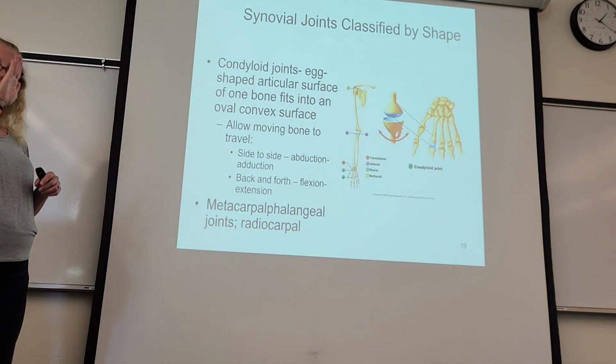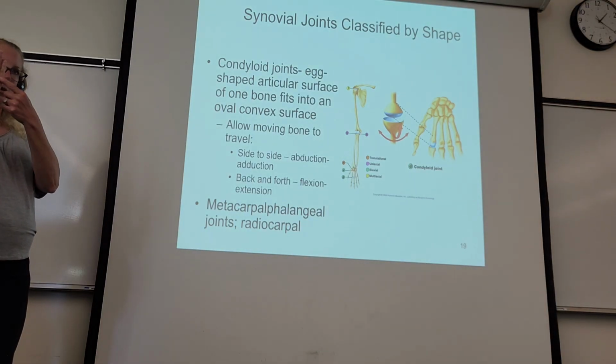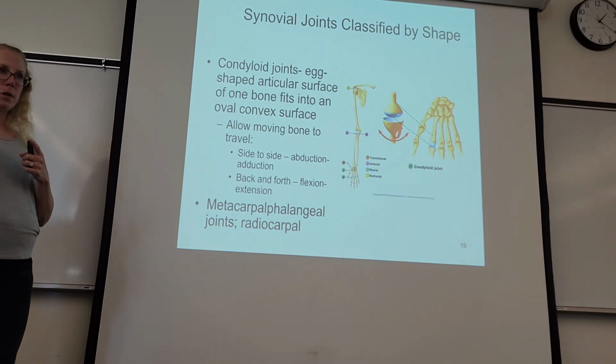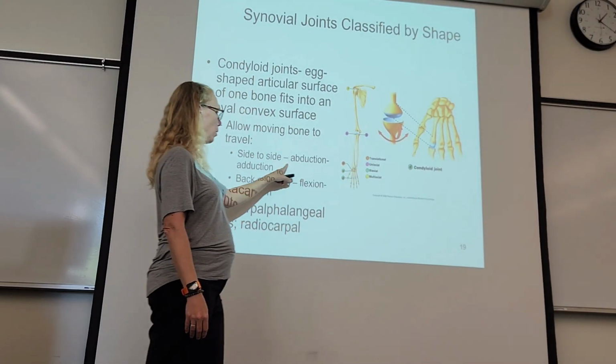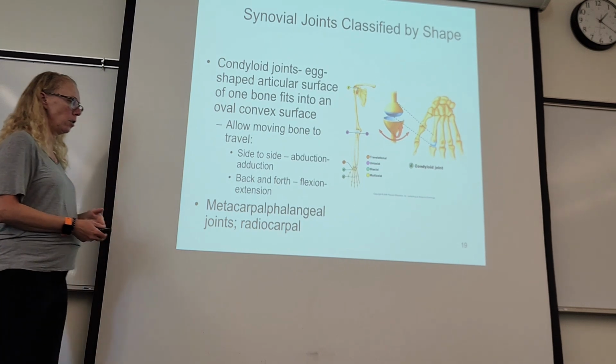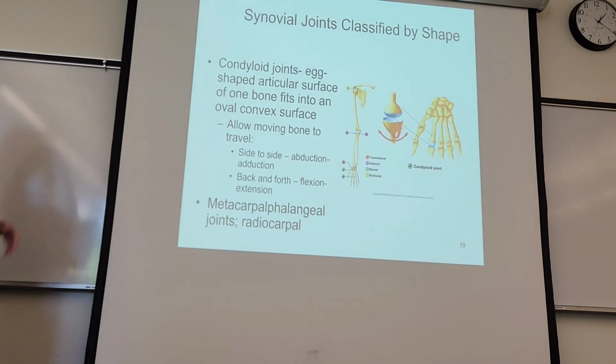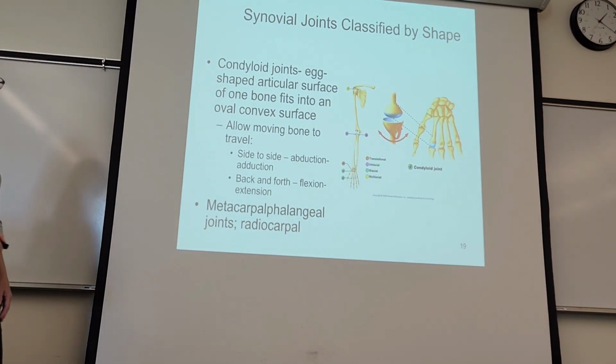So you can flex and extend, but you can also abduct and adduct at those joints. Two different types of motion, biaxial, okay? And we'll talk more about these terms, abduction and adduction in a bit, flexion and extension, okay?